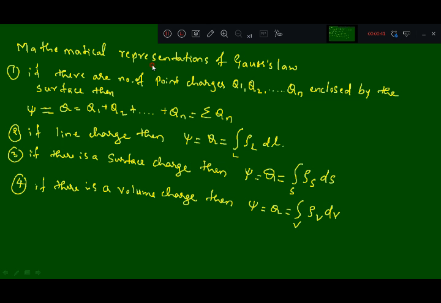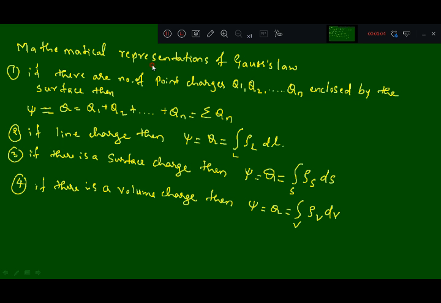that is nothing but the summation of qn. Then if there is a line charge, then the equation is phi is equal to Q is equal to the integration of rho l dl, where rho l is the line charge density.